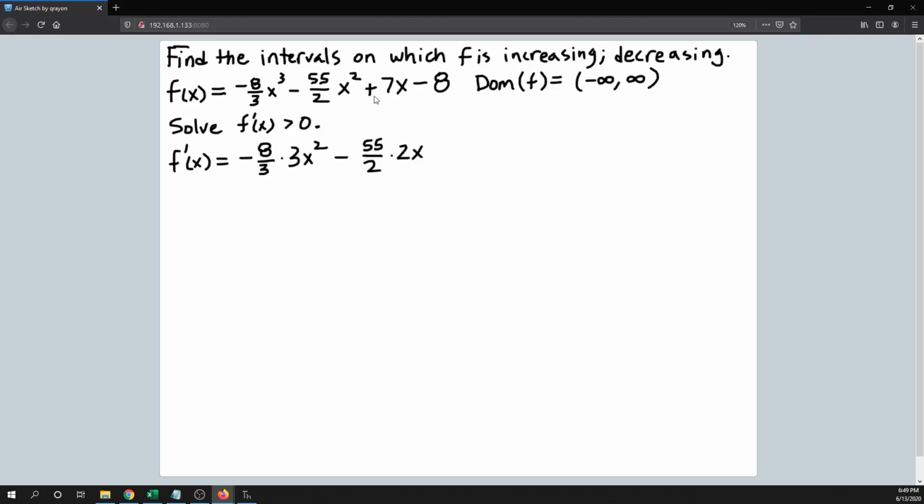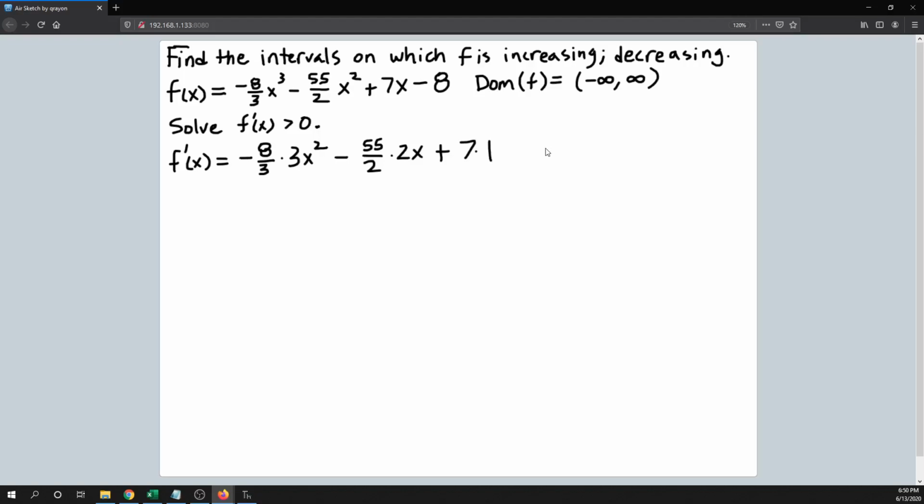Then the sum rule says add the derivative of 7x, which is 7 times the derivative of x, which is just 1. And then I would subtract off the derivative of 8. 8 being a constant, its derivative is 0, so I'm not going to bother to write that there.